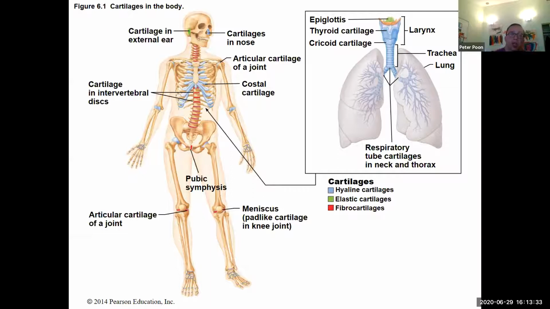The green is elastic cartilage, and the red is fibrocartilage. So make sure you understand where all these 3 different types of cartilage are located and the differences in how they're used.